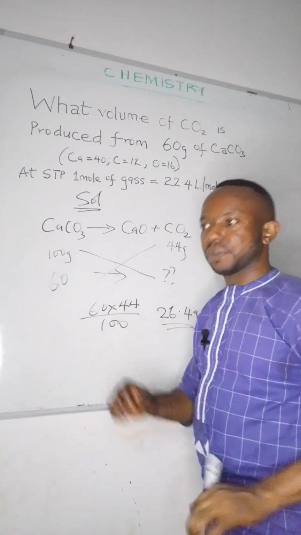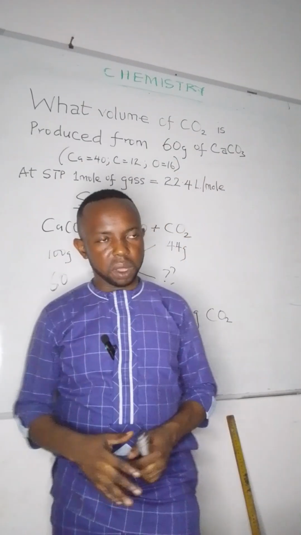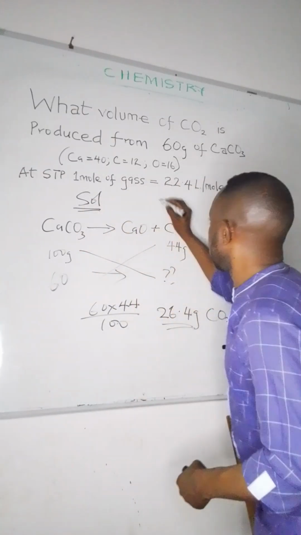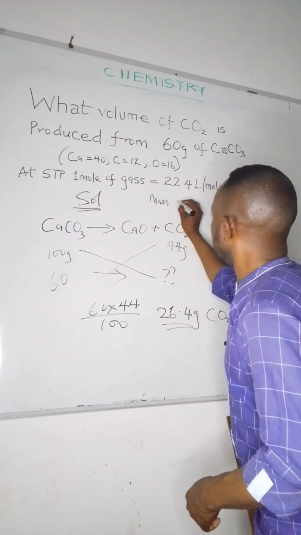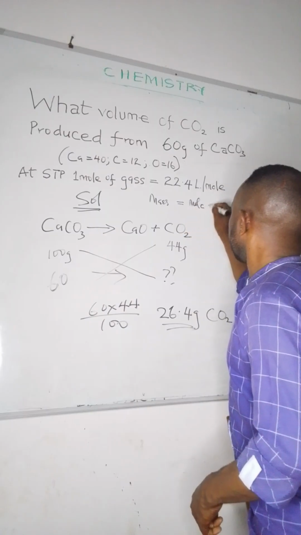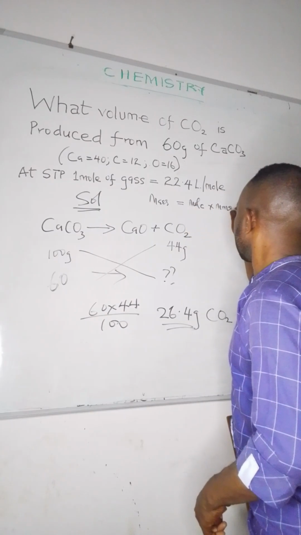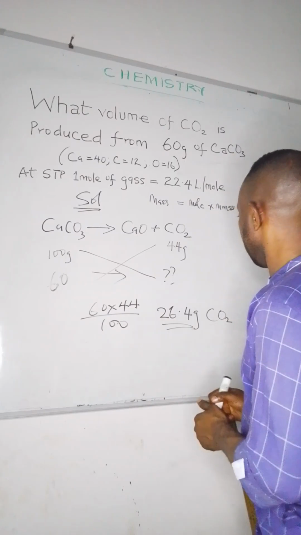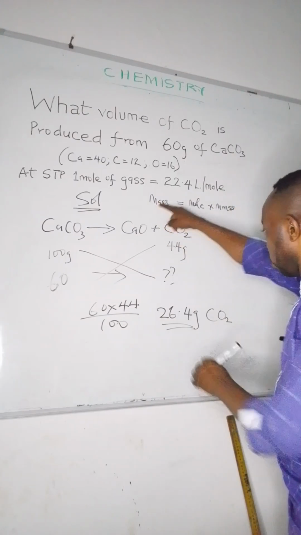Now, when you want to convert from mass to mole, there's a formula that says mass is equal to moles times molar mass.